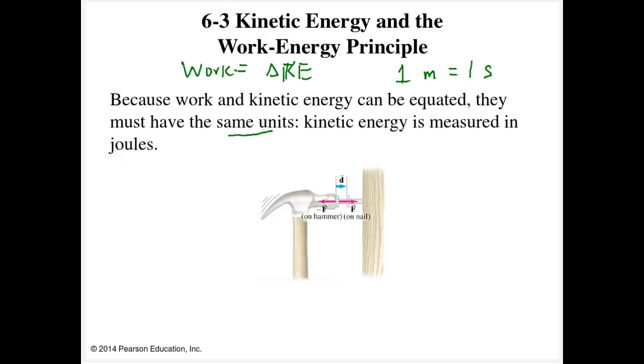You have to say, 1 meter is equal to 1 meter. The units for work and the units for energy are going to be the same. When we work out 1/2 mass velocity squared, which is my kinetic energy, the units are going to come out in joules.